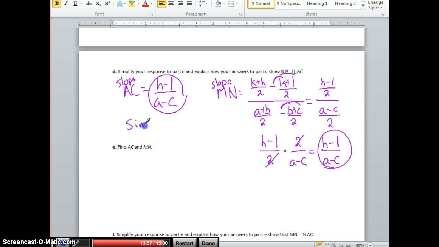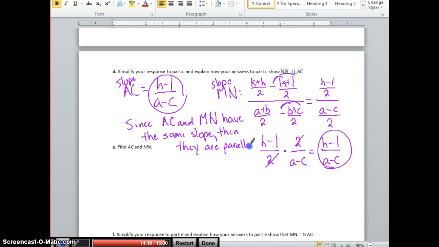So since AC and MN have the same slope, then they are parallel. Okay. So that is going to be that one, okay?